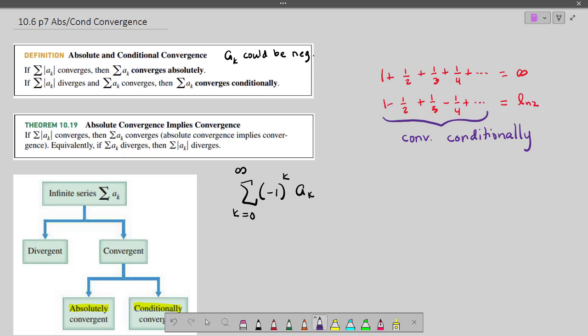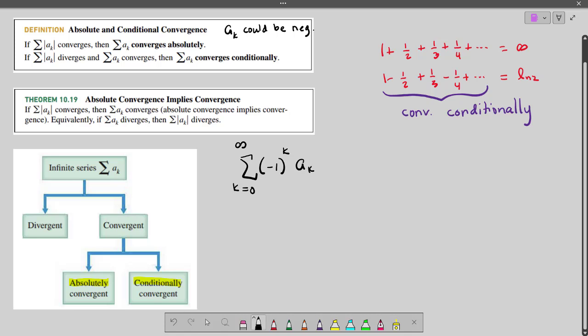It converges conditionally because if we force everything positive, we get divergence. The only way it converges is it's conditional on the minuses. You need the minuses to be taken away. This is a good example to have in your head. The alternating harmonic converges by the alternating series test. We know that the regular harmonic diverges by the integral test. So we would classify this convergence as conditional.